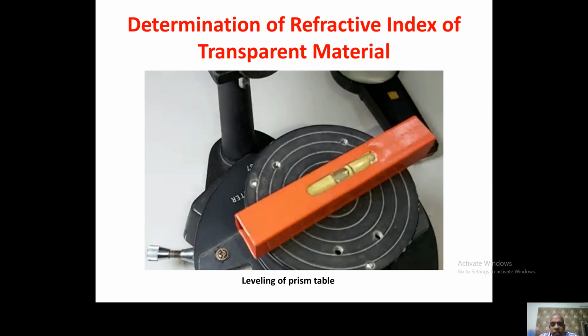Now, determination of the refractive index of a transparent material using this spectrometer. Before starting the experiment, whatever parallax is present in this instrument should be minimized or eliminated, and hence we use Schuster's method.